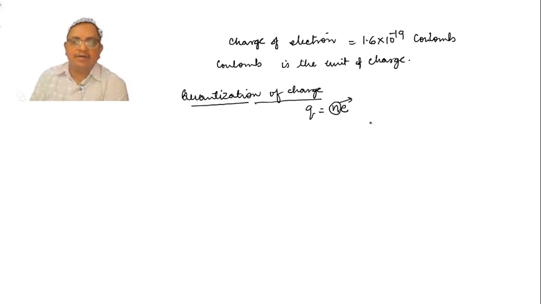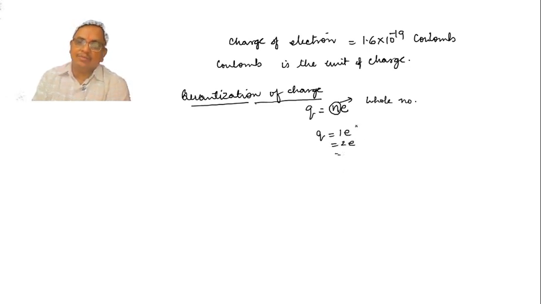A fraction of electron charge is not possible, and this is called quantization of charge. The charge is either 1 electron, 2 electrons or 3 electrons, but it must be a whole number.